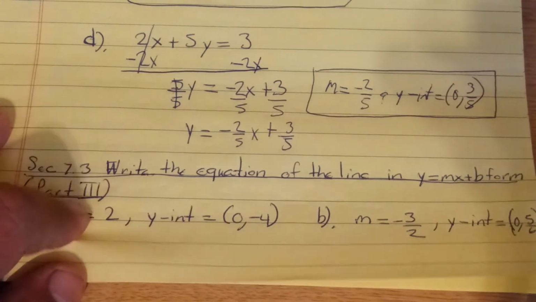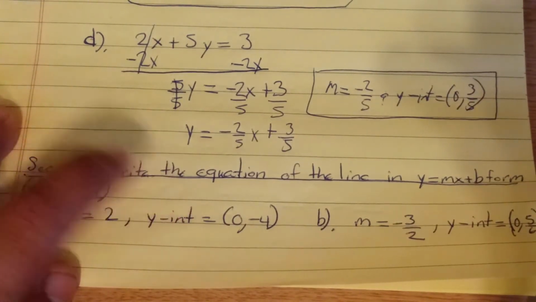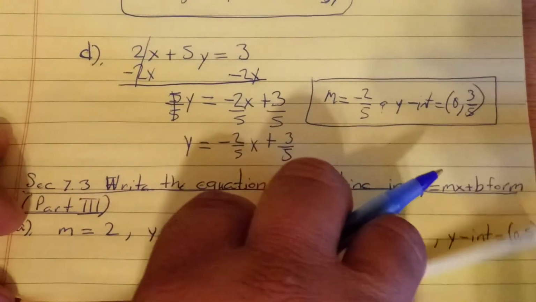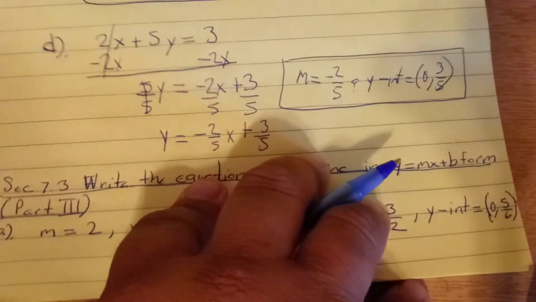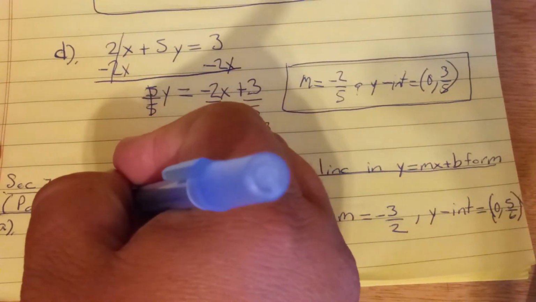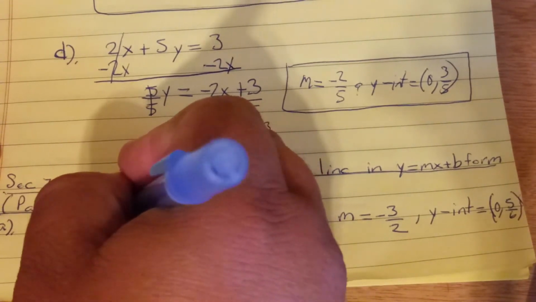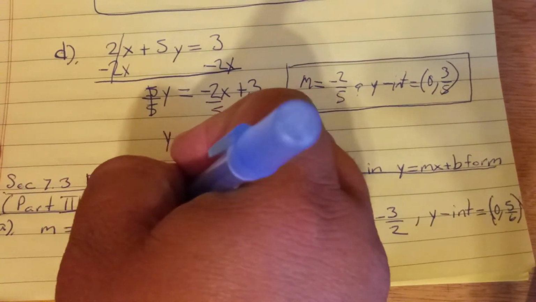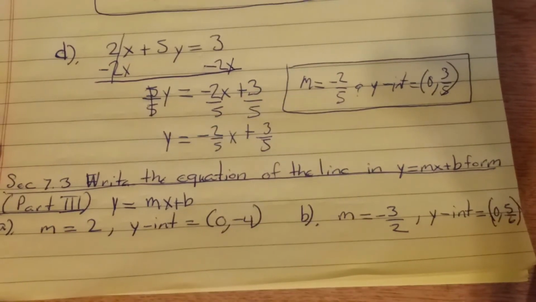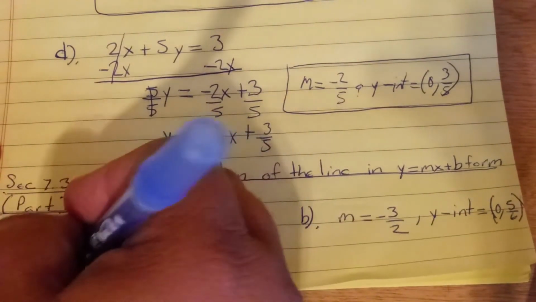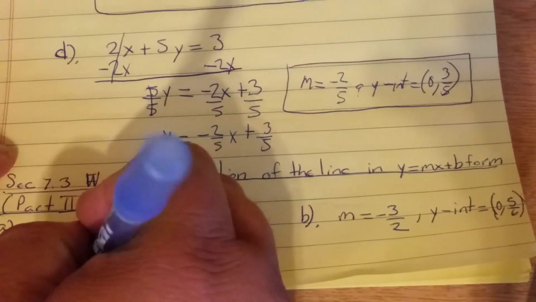So they're already giving you the slope and the y-intercept. So that is a fairly easy process. All you have to do is substitute those parts in there. Remember, you have to put it in the y = mx + b form. This is also known as your slope-intercept form. Remember that. So simply substitute the values in there.